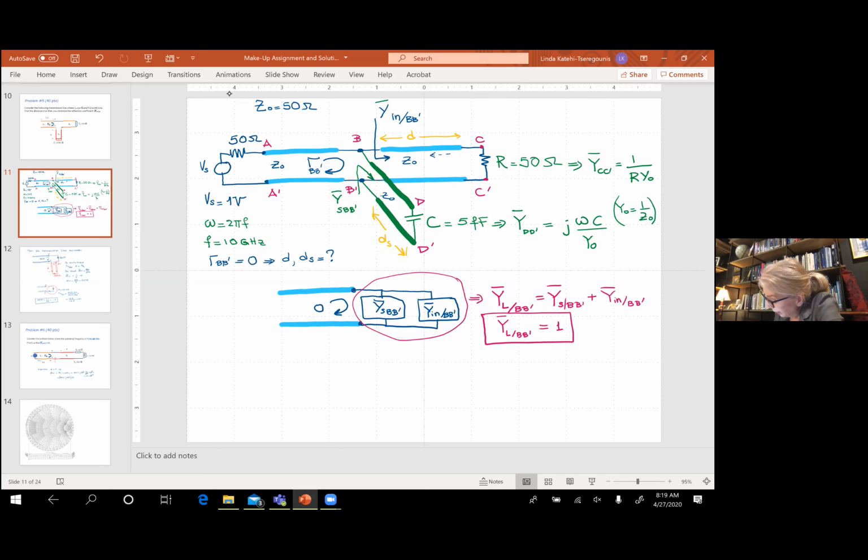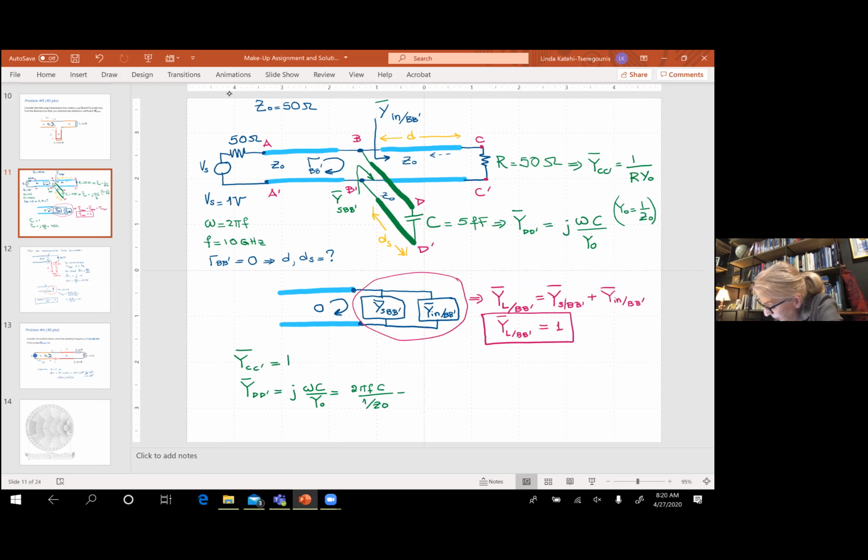So then, what do we have? Again, let me write here. We have that Y CC prime normalized is 1 because R is 50 ohms, Z naught is 50 ohms, so that is 1. And then we have that Y at D prime equals j omega C over Y naught. And then you have to calculate, which is going to be 2 pi F and C, and Y naught is 1 over Z naught.